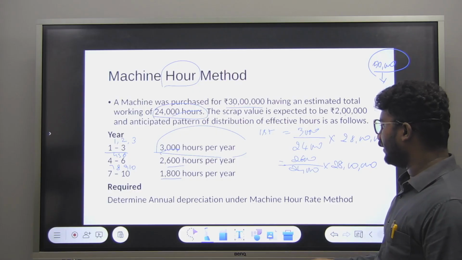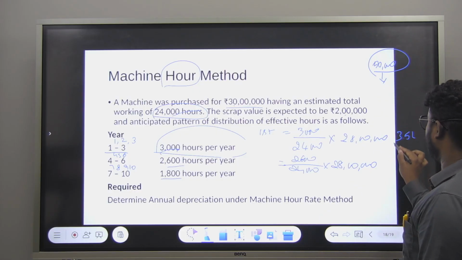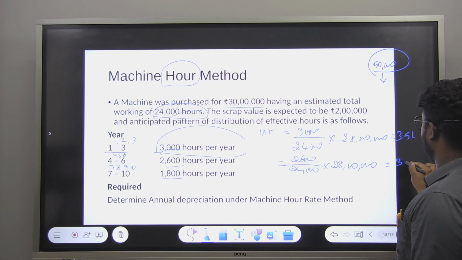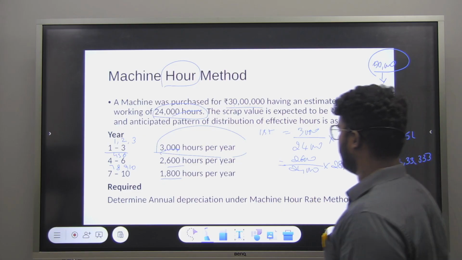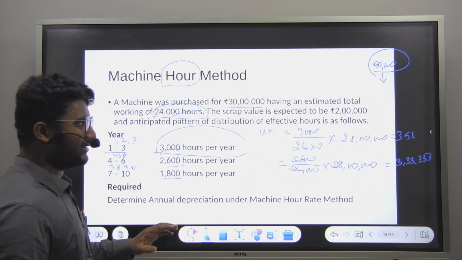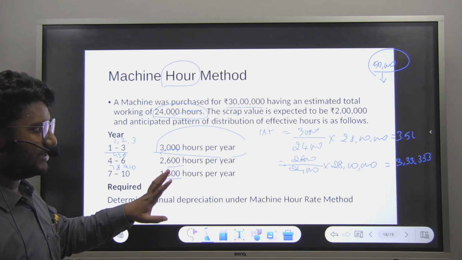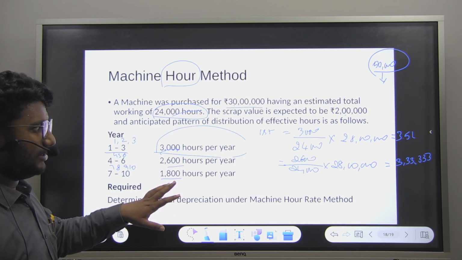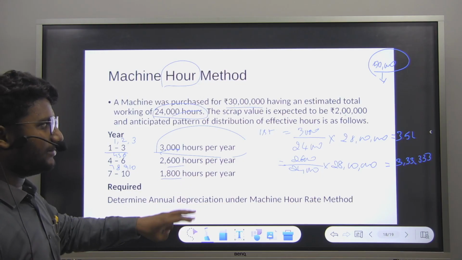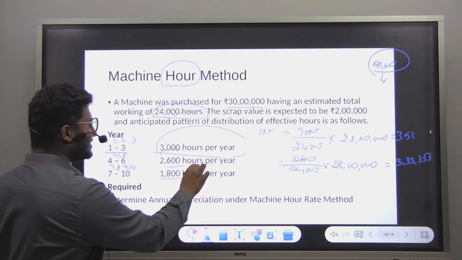It is 3,03,333 rupees. So this 3,03,333 rupees you will charge for the next 3 years.